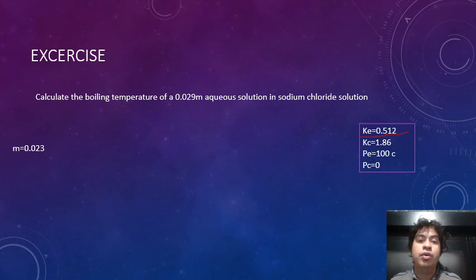Kc is the coefficient of freezing. In this case it is 1.86. Pe is the boiling point, and Pc is the freezing point of the water, because we are in aqueous solution.